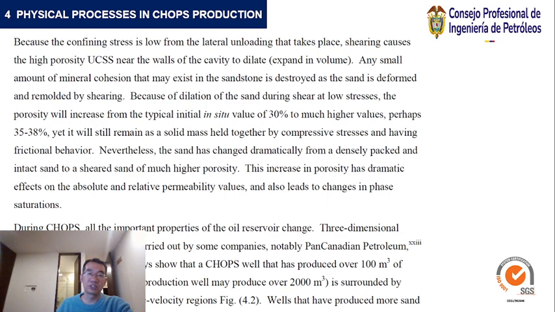Nevertheless, the sand has changed dramatically from a densely packed and intact sand to a sheared sand of much higher porosity. This increase in porosity has dramatic effects on the absolute and the relative permeability values, and also leads to changes in phase saturations during CHOPS. All the important properties of the oil reservoir change.